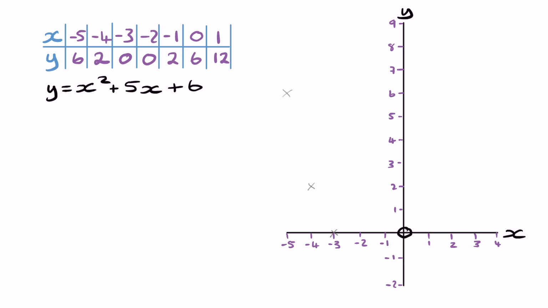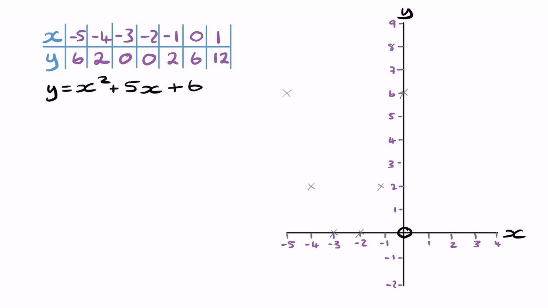That's on the x-axis, there's -3, that's 0. And then -2 and 0. Then we have -1 and 2, 0 and 6. The last one I'm not going to worry about too much because I didn't draw the y-axis up to 12. The last one was 1 and 12. I've taken the graph up there and it wasn't really necessary.